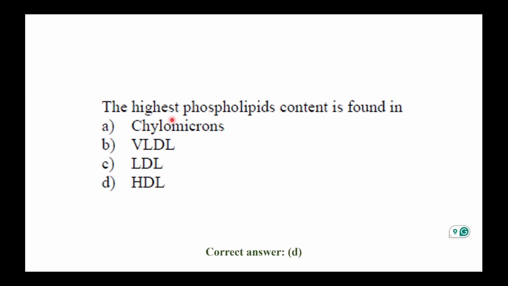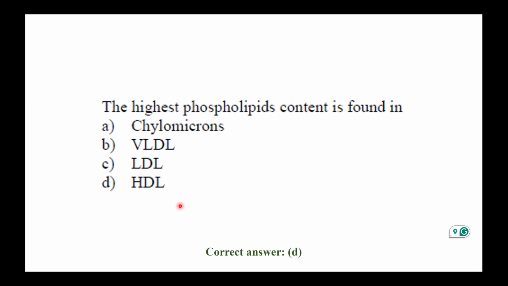Chylomicrons, as I mentioned, have the highest amount of triacylglycerols. Then comes the VLDL, which is very low density lipoprotein, then low density, and high density. Chylomicrons are the largest particle and they have the least density, and as the density increases the size decreases.